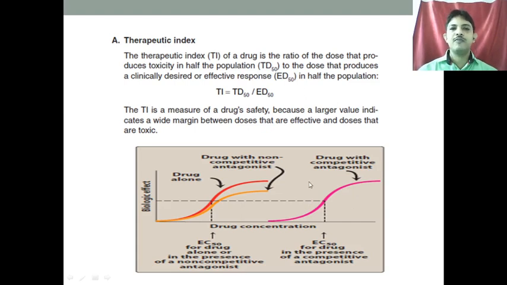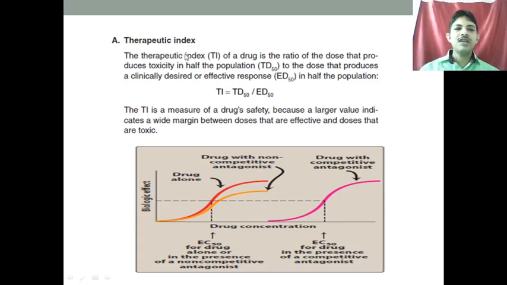In the case of TD50, TD means the toxic dose: the concentration at which the drug induces a toxic effect in 50% of the population. Sometimes we also talk about the LD50. LD is the lethal dose: the concentration at which the drug produces a lethal effect, causing death in 50% of the population to which it was administered.